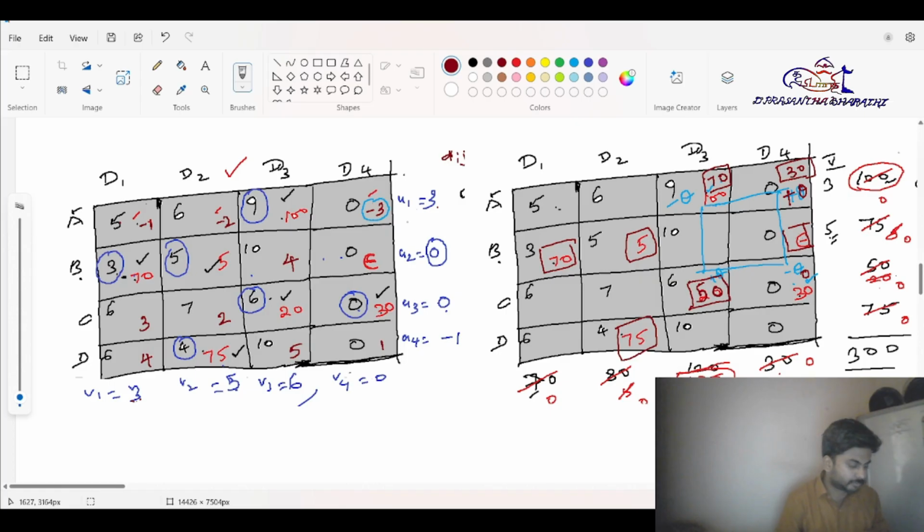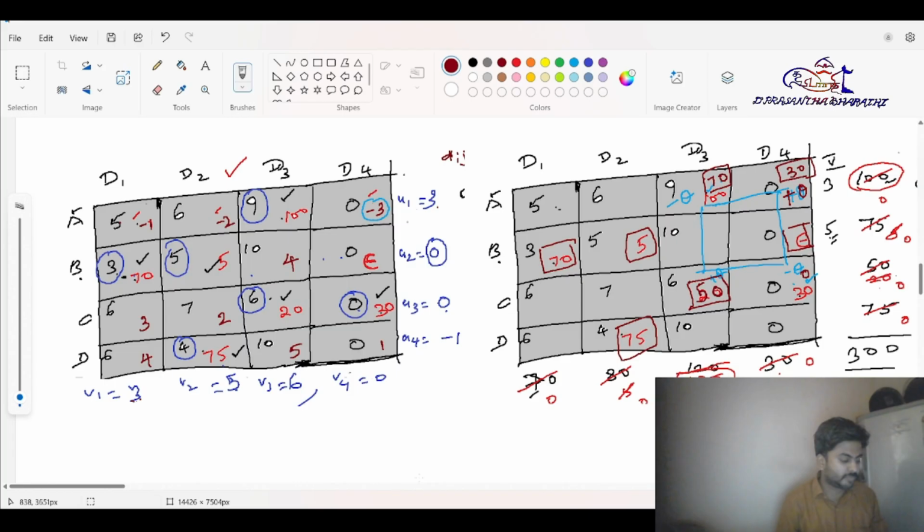Before that, let us check with allocations. For 9 you are having 70, for 0 you are having 30, for 3 you are having 70, for 3 you are having 5, 4 you are having 75, 6 you are having 50, and yes, everything.